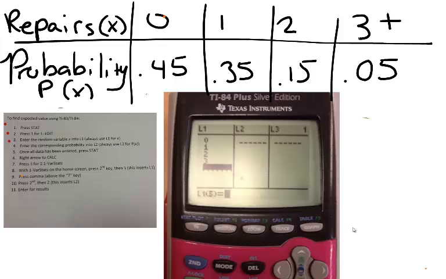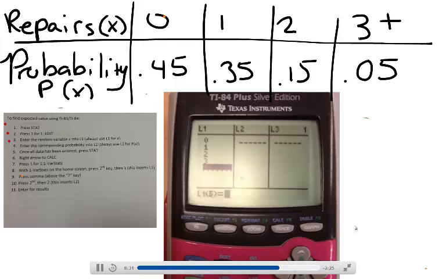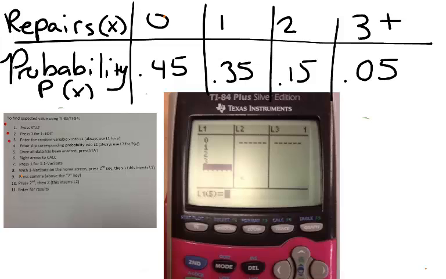Next, we'll enter our corresponding probabilities into L2. We always use L2 for our probability values. Well, I should say we always use L2 when we're calculating expected value and standard deviation using this process.